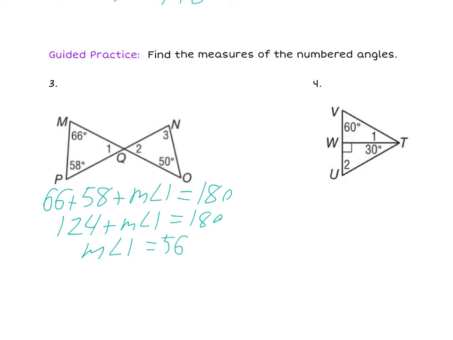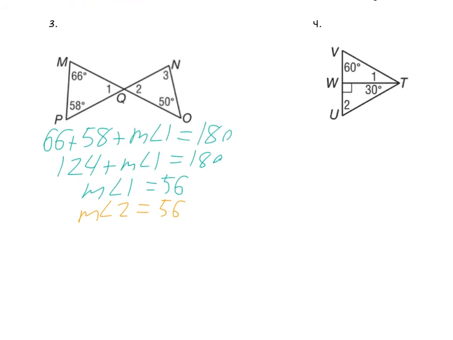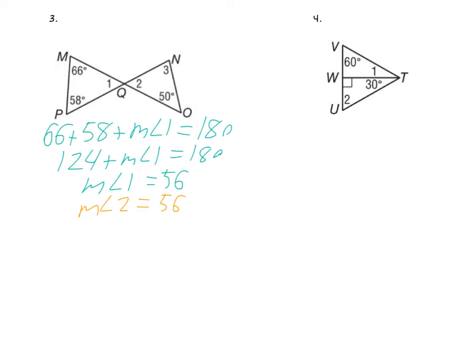And just like in the previous guided practice, angle 1 and angle 2, they are vertical angles. So the measure of angle 2 is equal to 56. Lastly, we want to find angle 3. Well, we're going to do the same thing as we did before, because the measure of angle 2, 56, plus that 50, plus the measurement of angle 3, must be equal to 180.